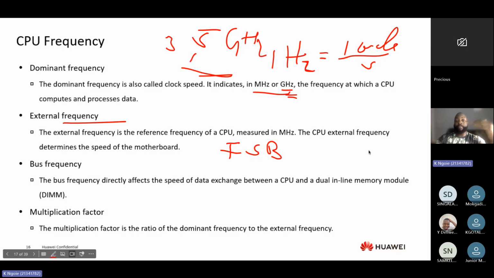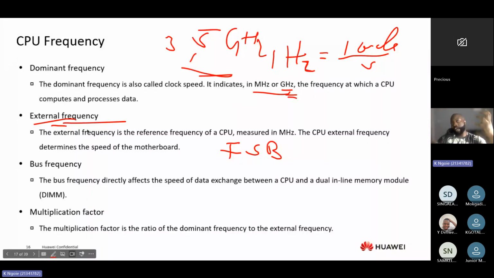You have your RAM memory, you have other chips such as your input and output controllers. The way the information travels between your CPU and your input and output controllers is measured as the external frequency. So when you think about the external frequency, think about it like the highway speed limits that you have.